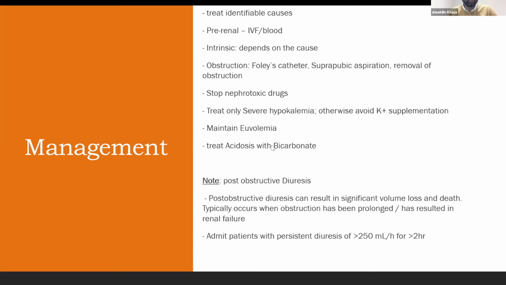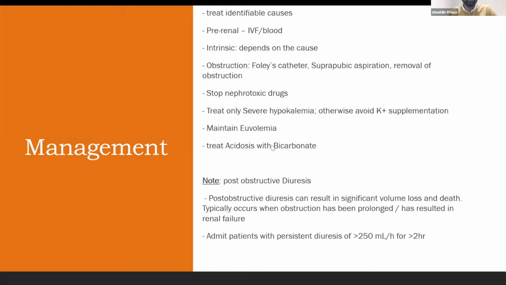But again, you also have to consider, especially if they have become ill recently, they might be losing volume, like fluids with insensible losses. And so you have to consider keeping them adequately hydrated.